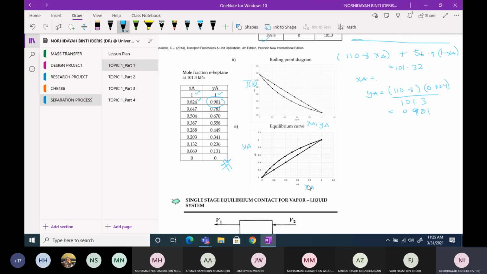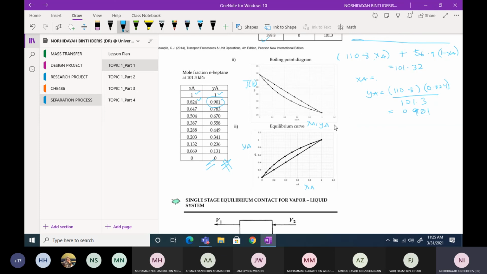Class, have you finished developing this table? Yes, doctor. Alright, I want to stop this class at this example, because I just want to focus on the application of the equation that we have discussed before.